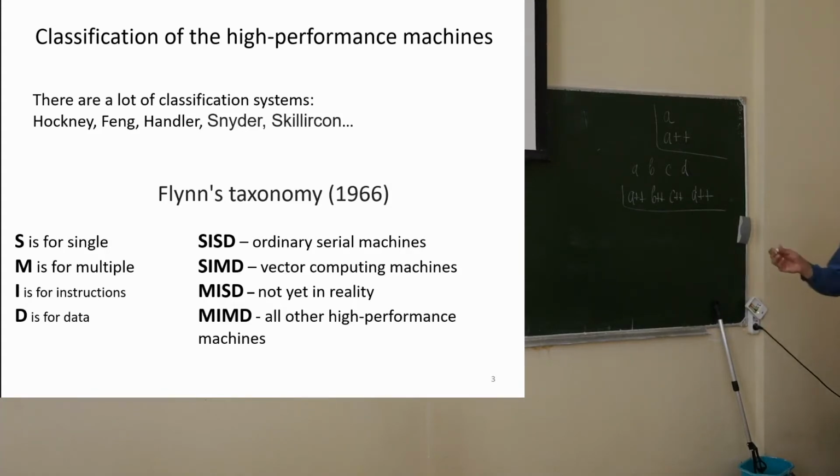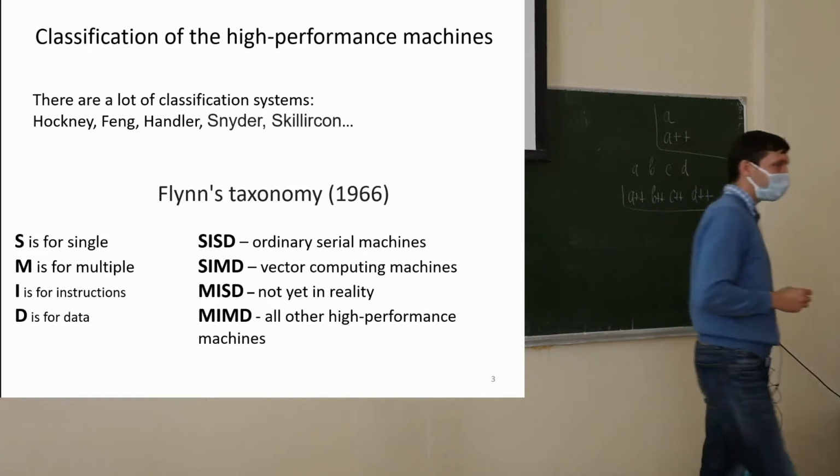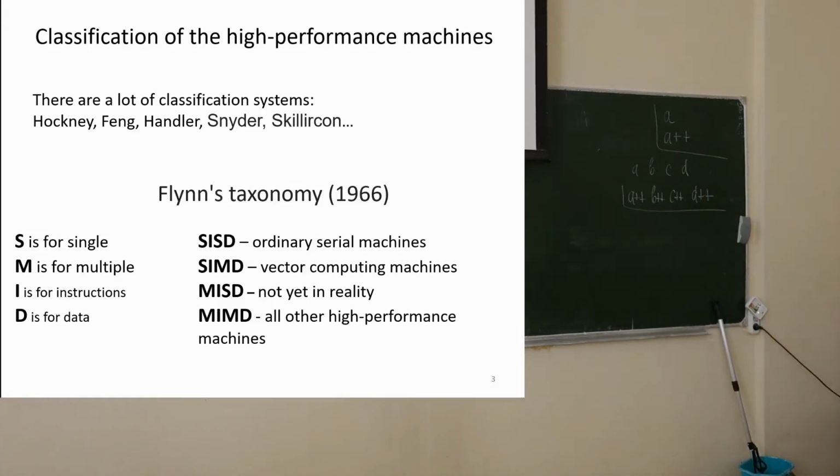Cray, did you hear of the Cray computer? Maybe you have heard of these American Cray computers. In the Soviet Union there was BESM-6, big electronic calculating machine number 6, also a vector computer. It's our history a little bit.